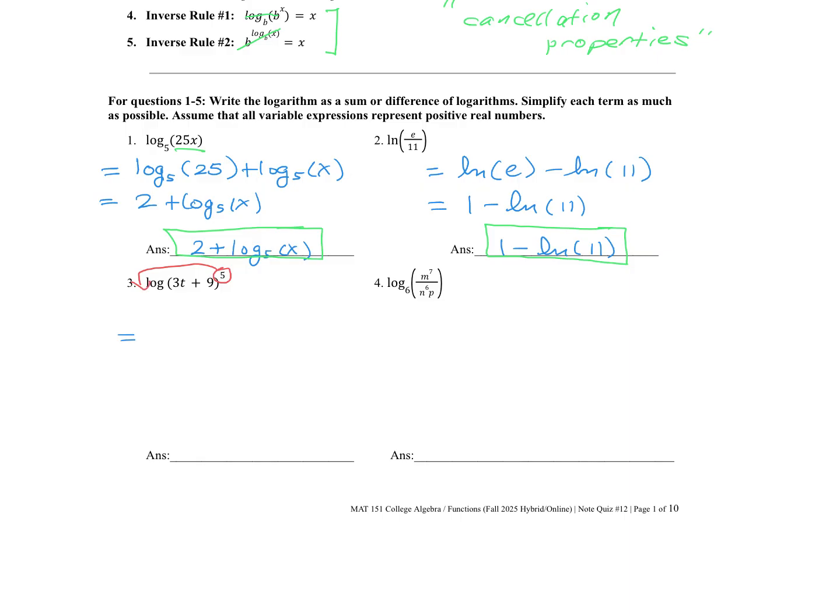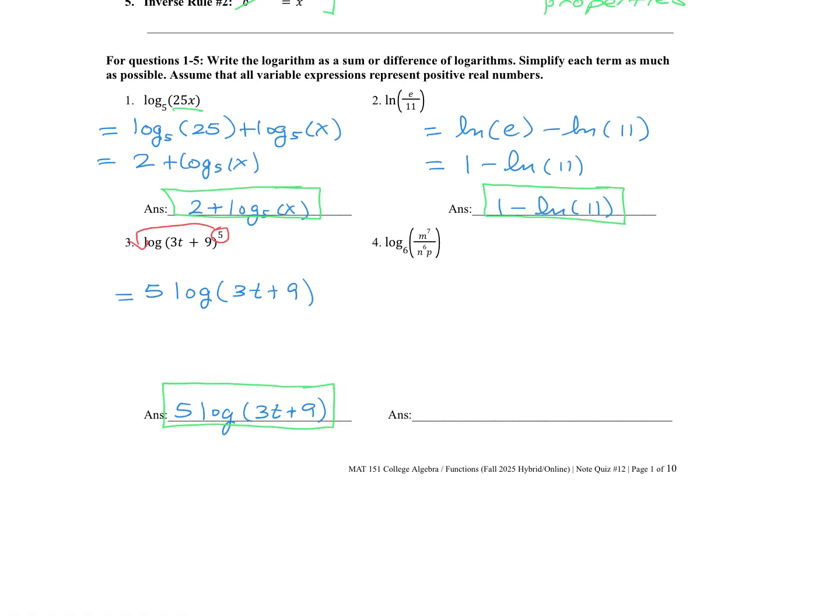So this is going to be 5 times log base 10 of 3t plus 9. Those parentheses on this logarithm are very important because that whole inside part belongs together.